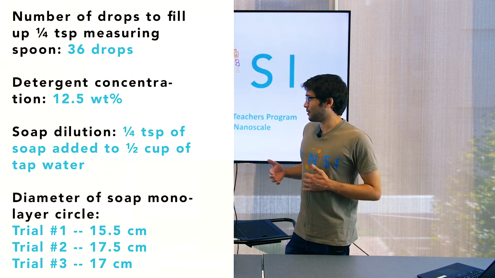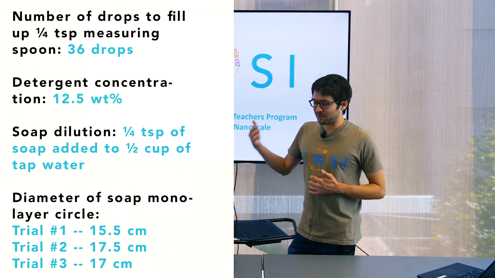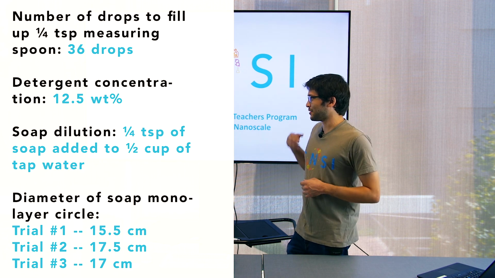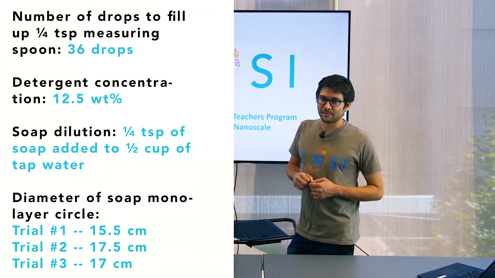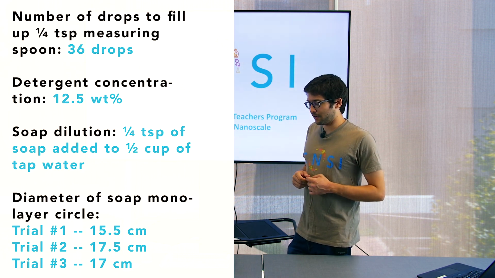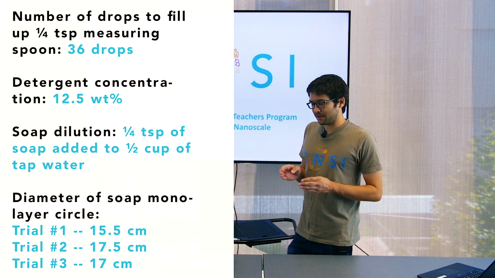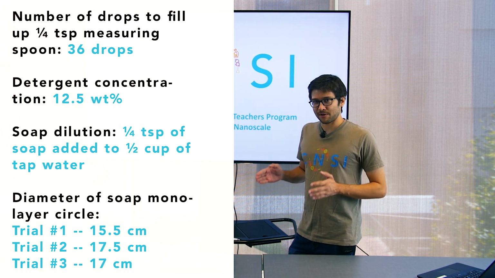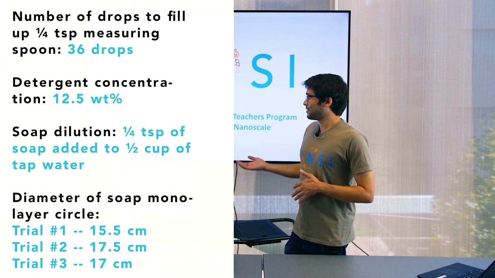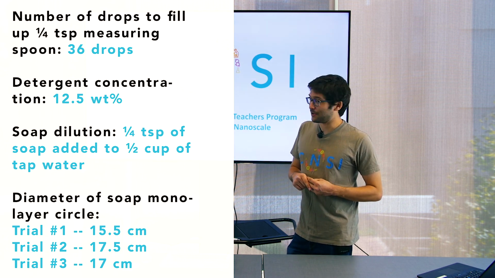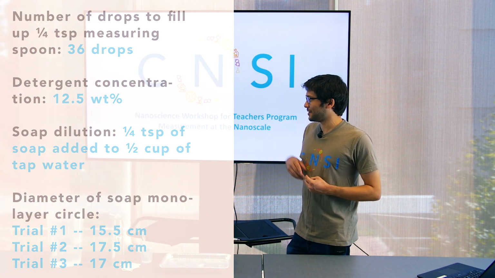We normally recommend doing repeat trials of your experiment. So here are 3 repeat examples of the measurement for the diameter of the monolayer, and you can go through the calculations using this data.